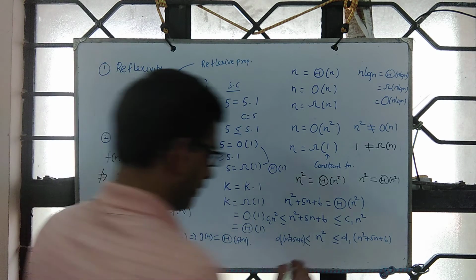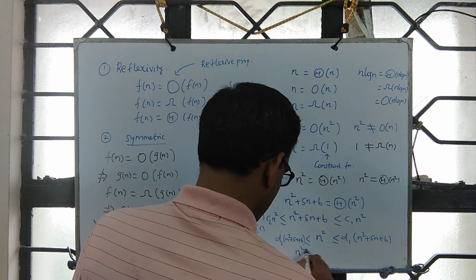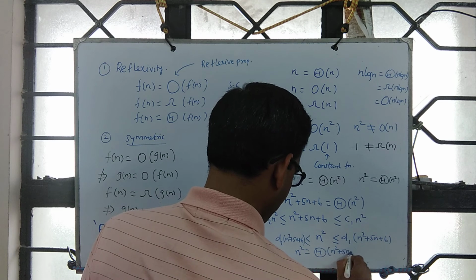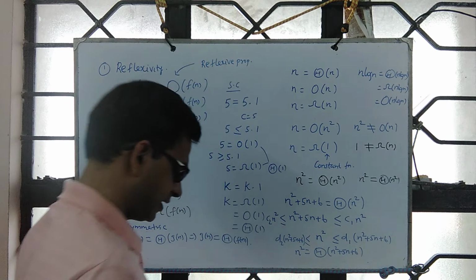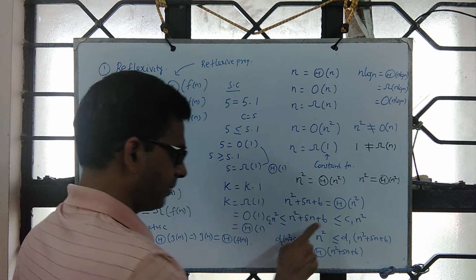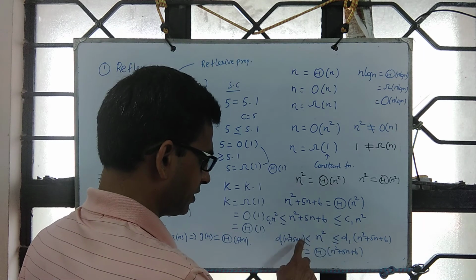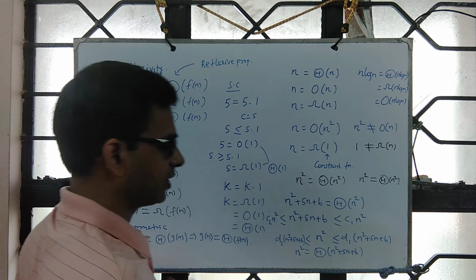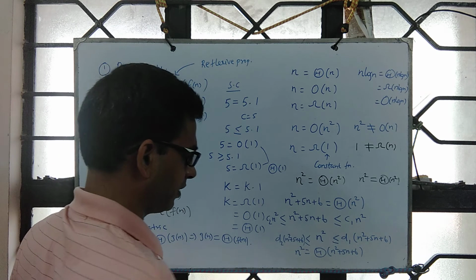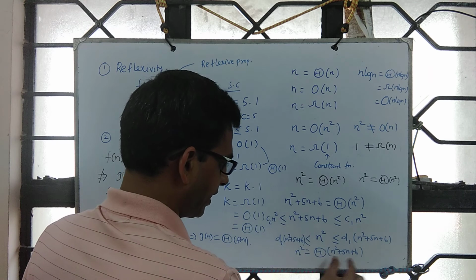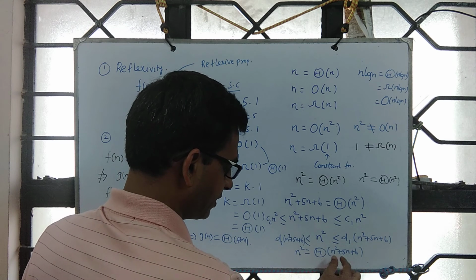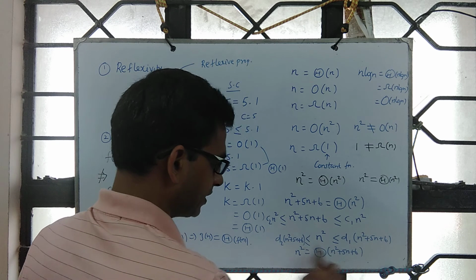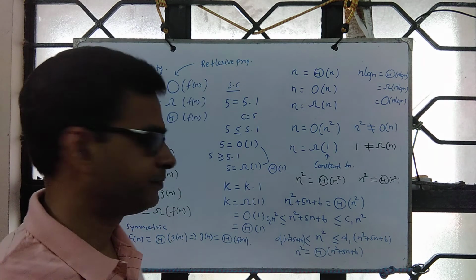Okay, so although we don't write n square is equal to theta of n square plus 5n plus 6 when we write the notation, I am comparing them in the context of describing whether they respect the symmetric property or not. We don't write like 5 times n square or n square plus 5n, because we just focus only on the leading term as far as asymptotic notations are concerned.